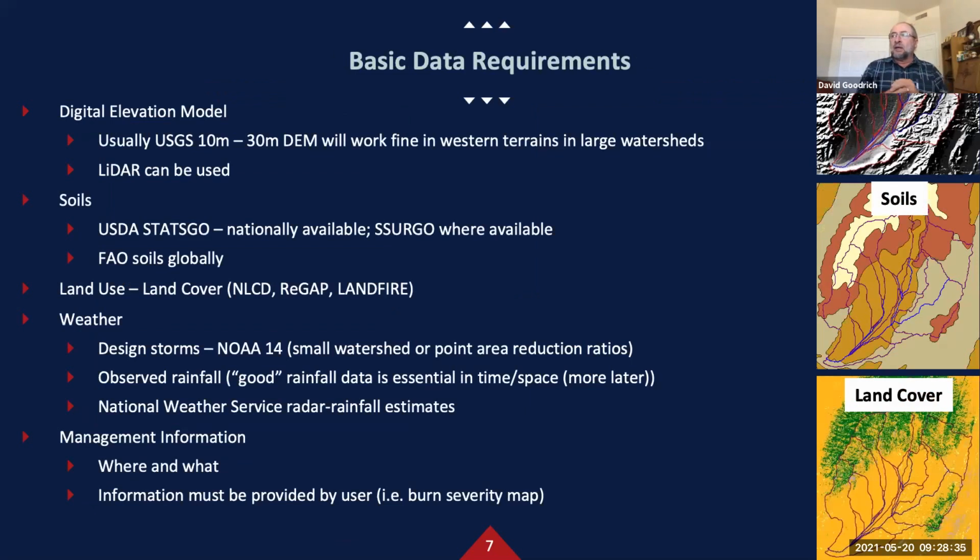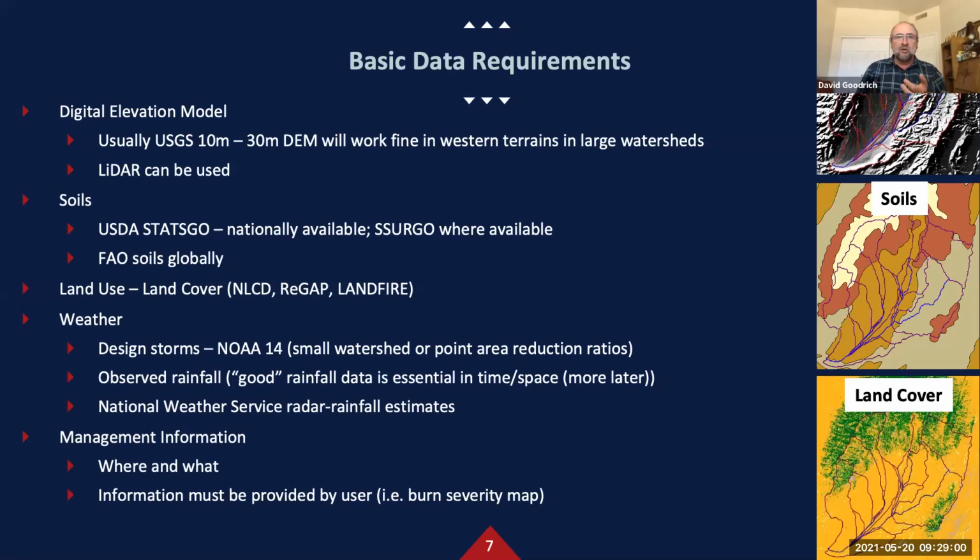So again, basic data requirements. We have digital elevation data at 10 meters over the US. 30 meters will work fine for larger watersheds. We've also used LiDAR in typically smaller watersheds. Soils, we can use STATSGO and SSURGO where those are available.